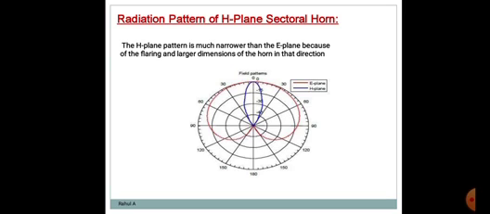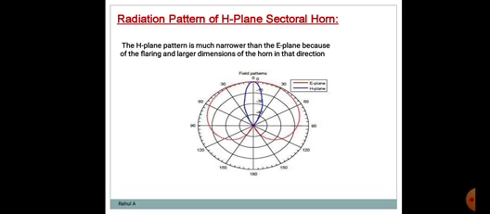As on the screen you can see the blue color radiation structure is because of the H plane, which is quite narrow compared to the radiation structure because of the E plane. And this narrower band structure in the radiation pattern is because of the higher directivity. That means the power is getting directed in a particular direction only.